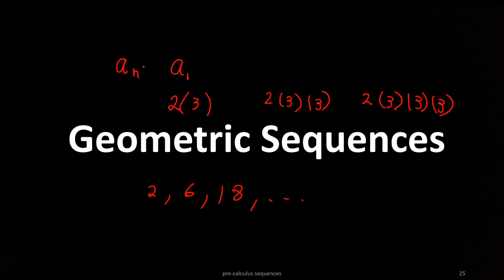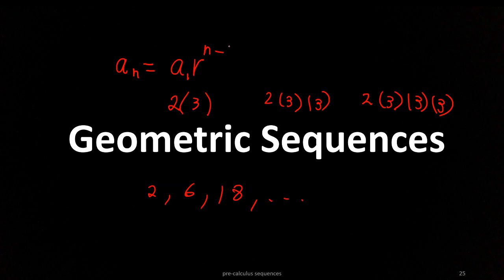So it looks like all I have to do is this. A sub n is a sub 1 times r, but not to the nth power, because with the nth power, you will never get 2 as the first term, because n equals 1 will raise the 3 to the first power, you don't get 2.